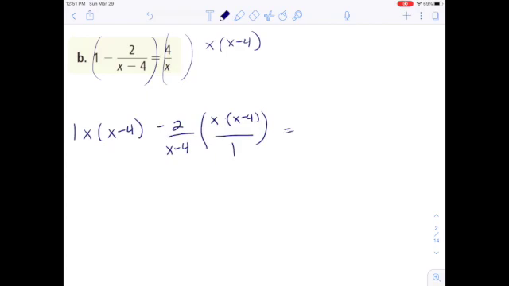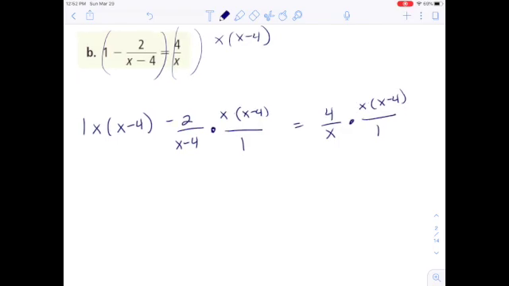I'm going to put over 1 just so we can cancel out a little bit, and equal to the 4 over x times x minus 4. Same story, put it over 1 so we'll cancel things out. I guess we don't need parentheses. I can change those if it makes it easier on your eyes. So multiply, multiply. Alright, so our first term here, we're just going to leave for now.